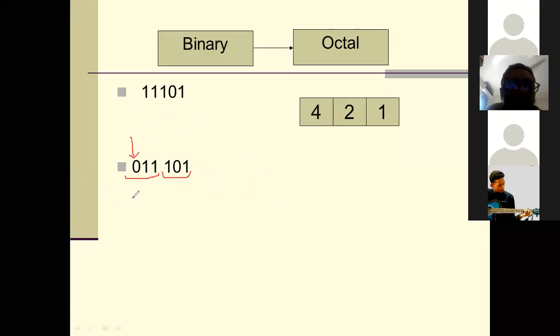Now how many bit are available? 6. So if I add an extra 0 at the leftmost part, is there any change in the value of this number?